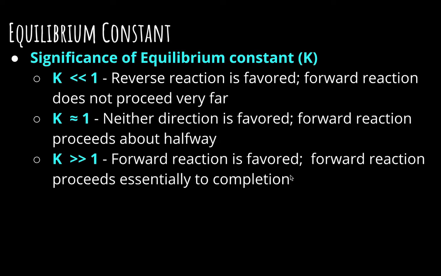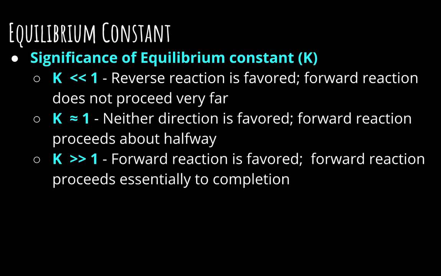So once you have a K value, what this K value can tell us is which direction equilibrium lies when you have a reaction at equilibrium. If K is less than 1, if it's a number that's really, really small compared to 1, that means the reverse reaction is favored, which means at equilibrium for that particular reaction, there's more reactants than there are products.